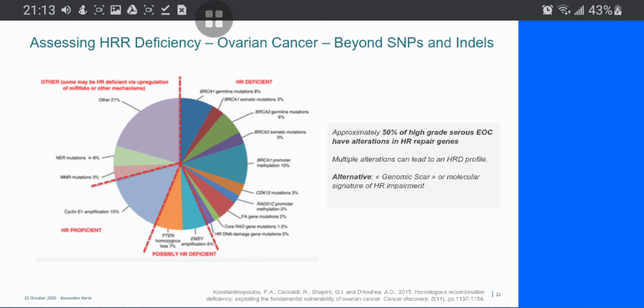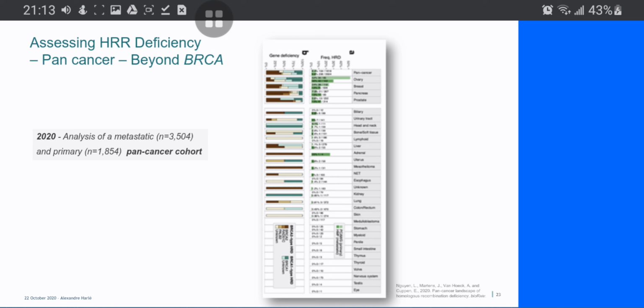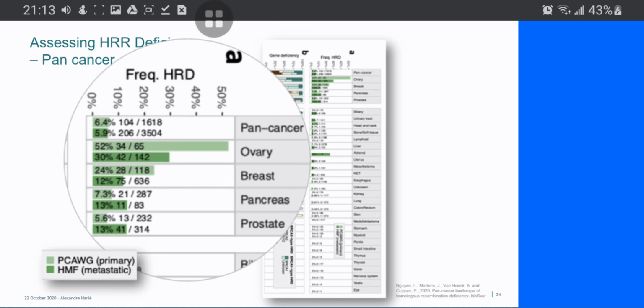In this recent preprint, you can see a pan-cancer analysis based on two public databases: the Pan-Cancer Analysis of Whole Genomes and the metastatic HMF database.